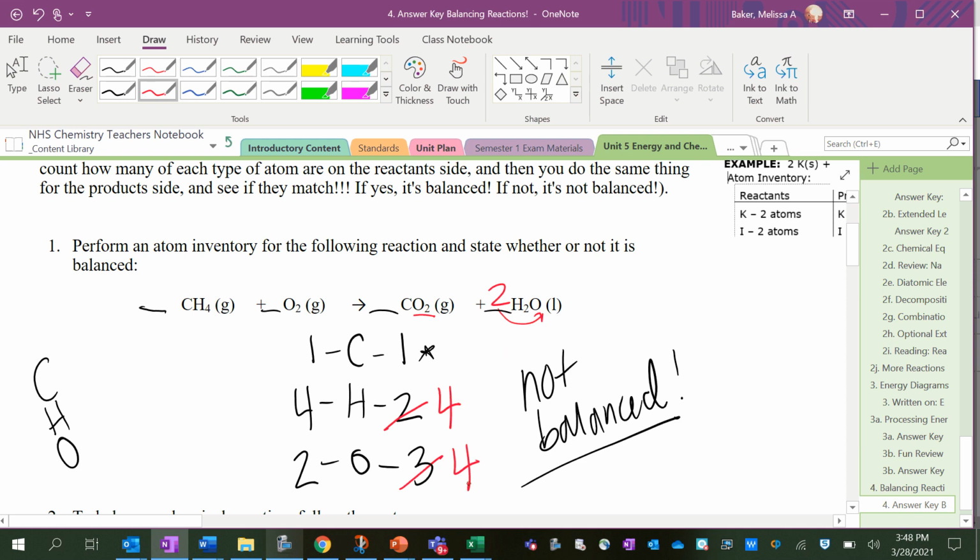That's 4 oxygens. So now we have to go back to the other side and make this be 4. What times 2 is 4? 2. So then we're balanced. So the numbers out front, you would read 1, 2, 1, 2, because again, these are ones, but we don't usually write those.